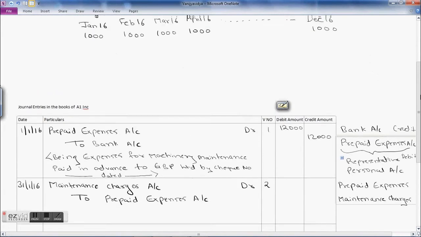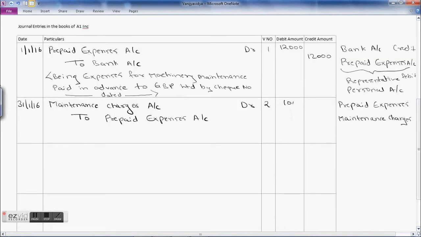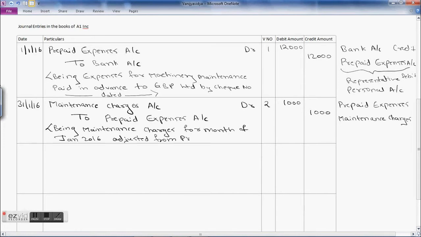Amount is 1000, so we'll put it as being maintenance charges for the month of Jan 2016 adjusted from prepaid expenses, okay?